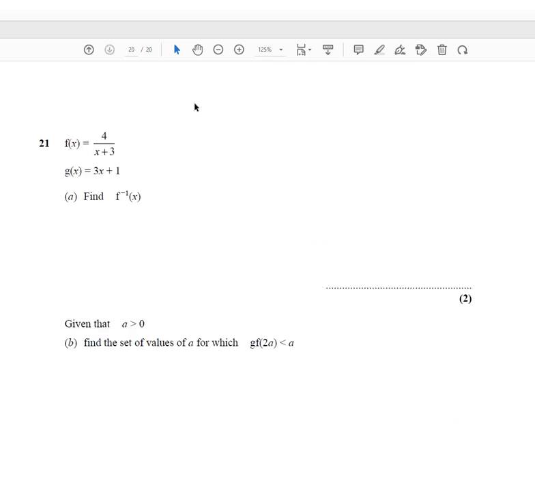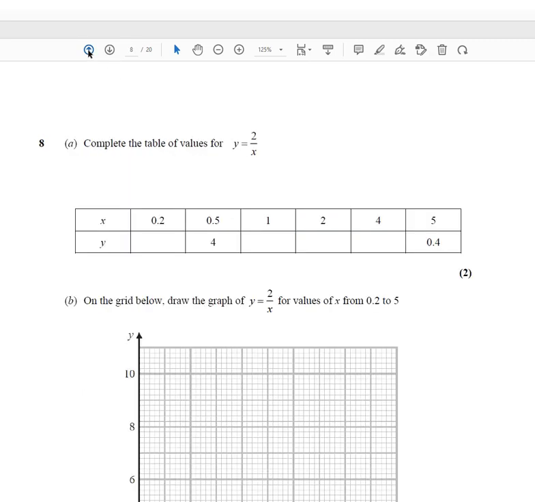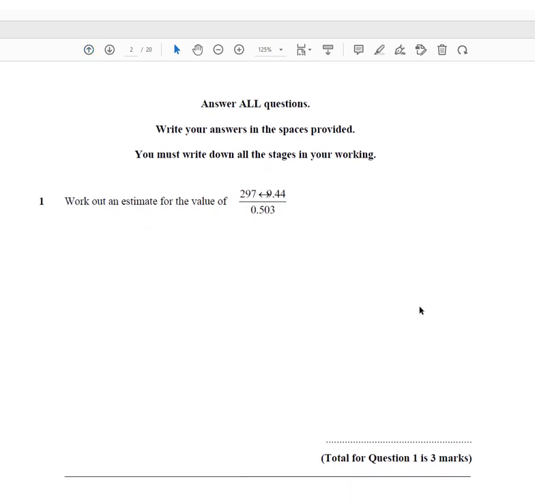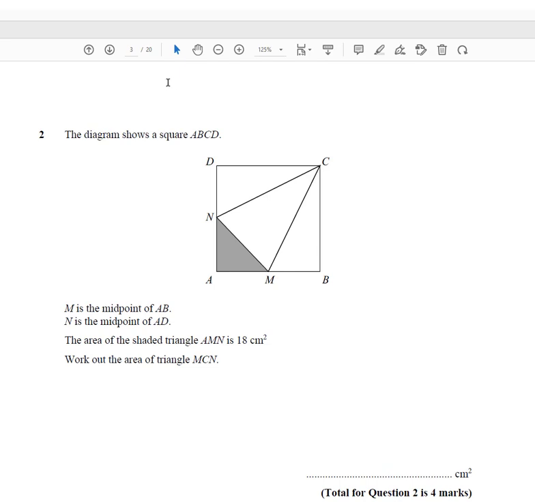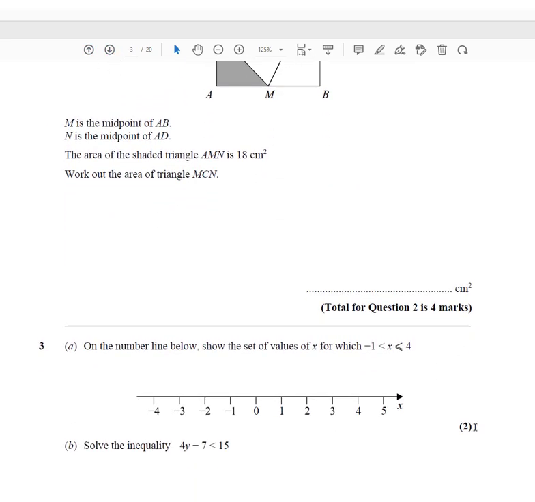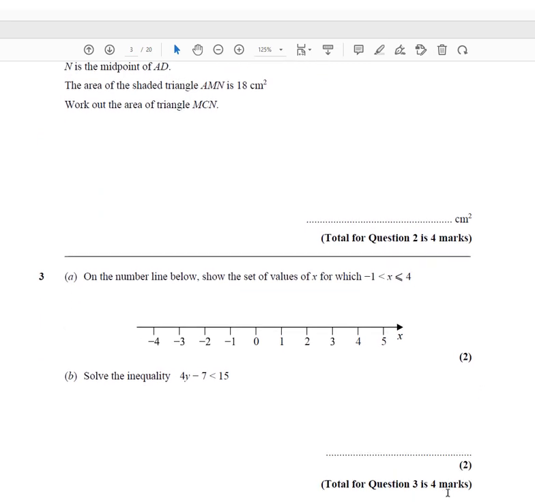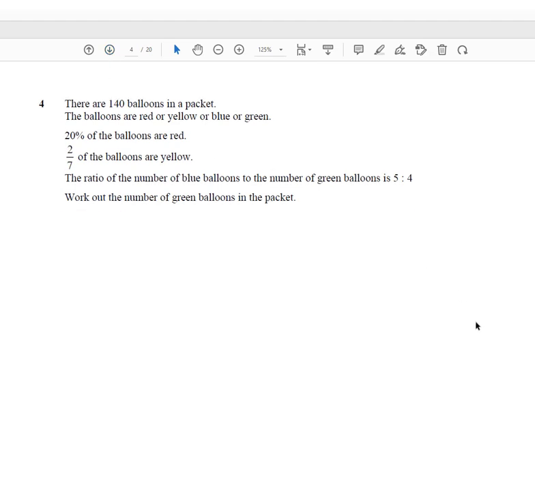Now, we're missing out quite a few questions, but I want you to understand that if we just pause for a moment and go back right to the very start. We've got 3 marks for question 1. 4 marks for that, that's 7. 2 marks, any more. 4 marks for that, up to 7, 4, 11 marks. 11 so far. Adding up question 4, we've got 5, that makes it 16 marks.